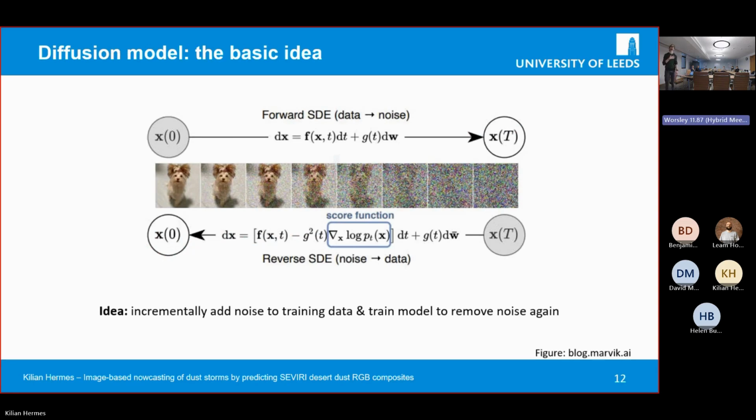This is based on ideas from non-equilibrium thermodynamics and some fancy math, so-called stochastic differential equations, which we can use for expressing a diffusion process, basically. How we can imagine that in image space: we have an image and we inject a form of noise, in that case Gaussian noise, into the image. I do that many times.